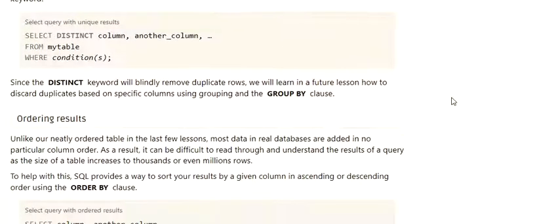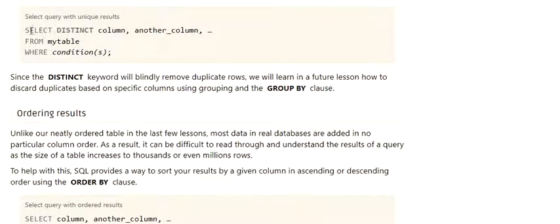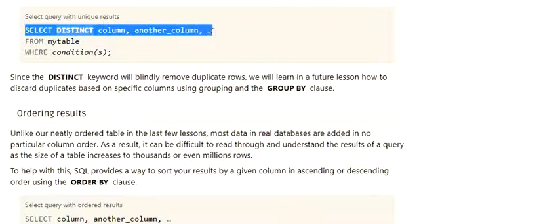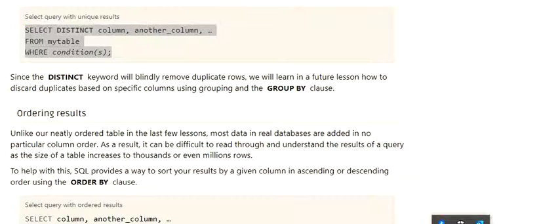So here is the basic syntax for using distinct, for selecting the distinct values from the column with the where conditions. It's one level up, you may say, as we will also be using where conditions.